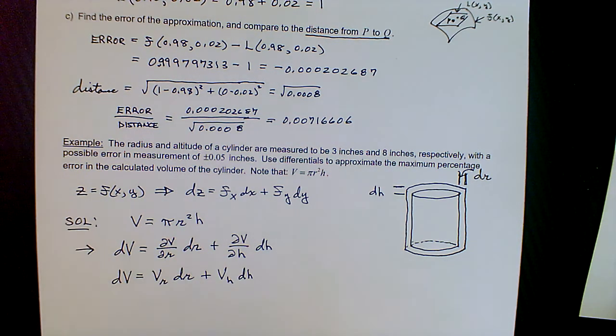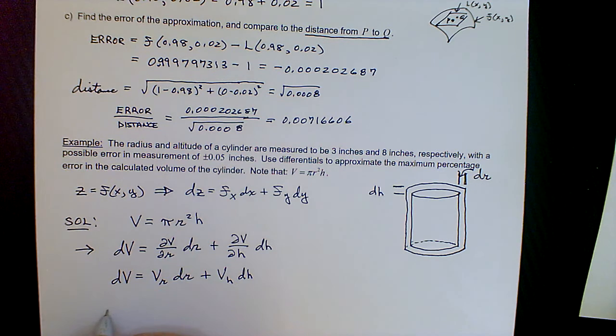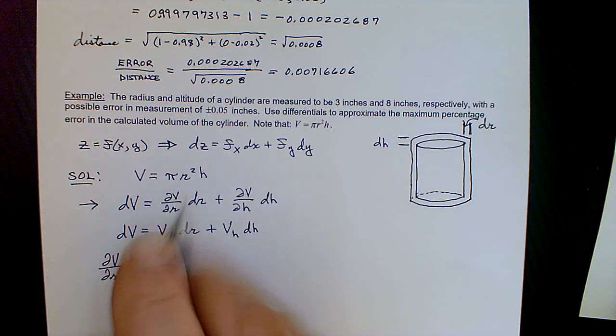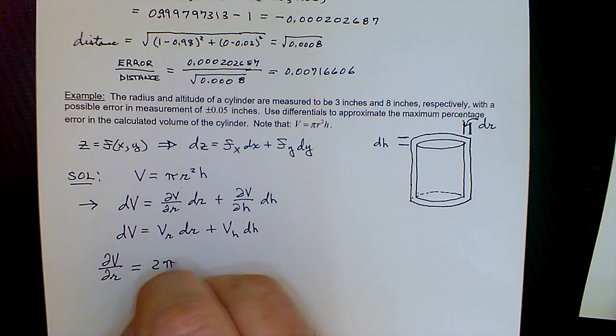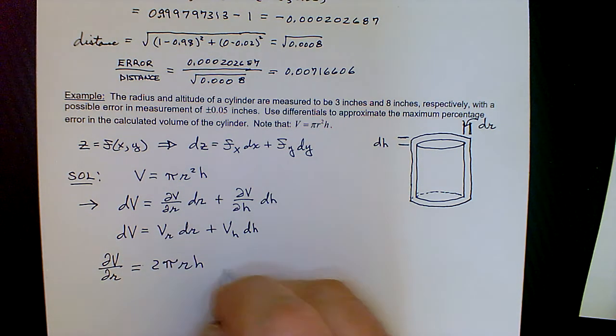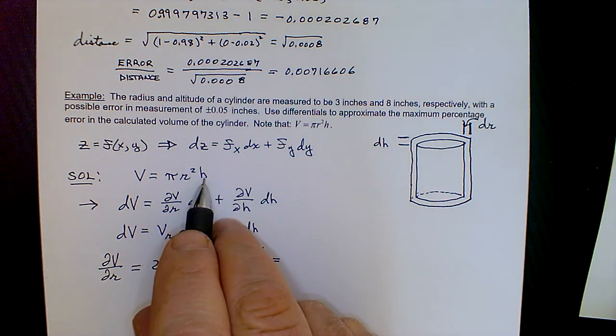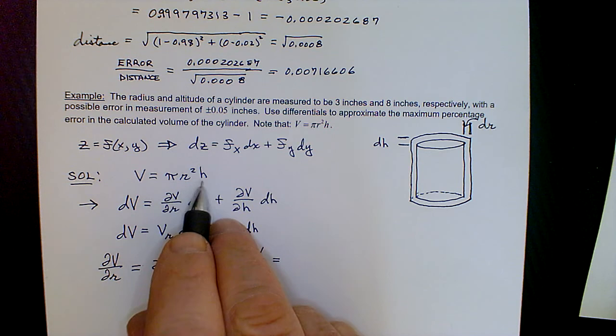I like this version because you can kind of see it just a little bit better in terms of their total differentials. So in any event, let's find partial v with respect to r, and that's going to be 2 pi r h. Partial v with respect to h would be, r is a constant, so is pi.